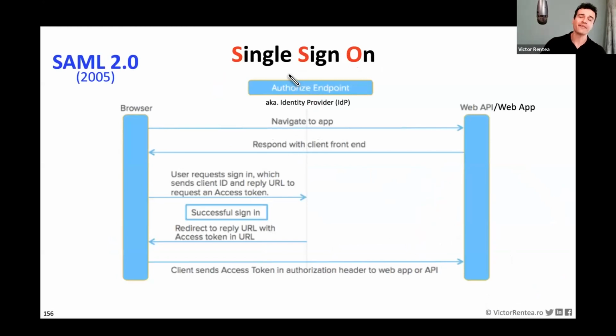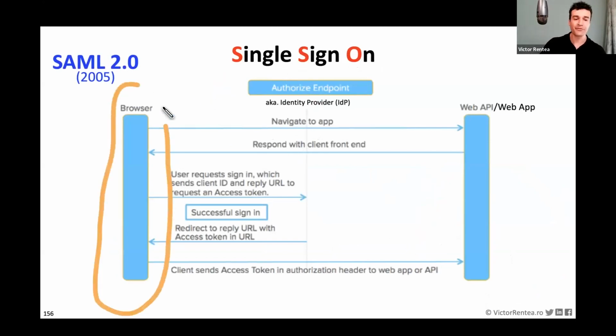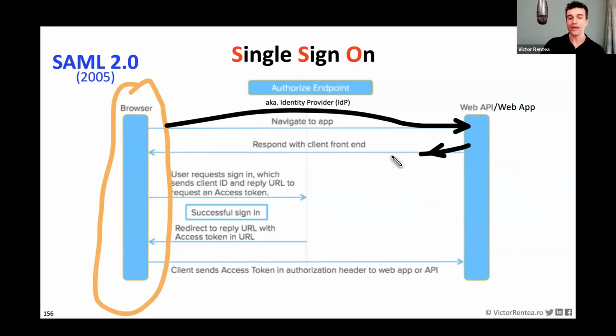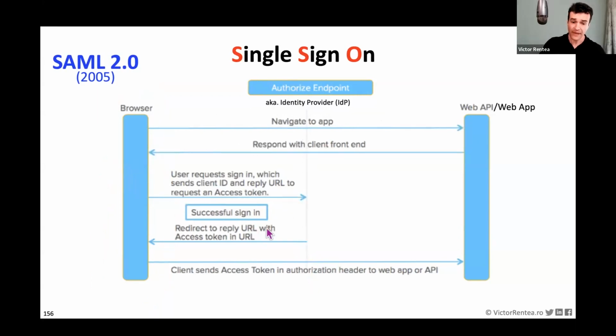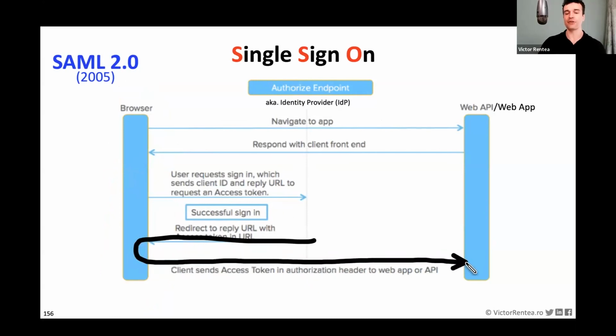And the same thing kind of happened, in the sense that there was a browser, and the browser, when trying to access some website, got redirected to some identity provider, like the authorization server in OAuth, if you want to draw a parallel. And then this identity provider would log in the user, who provides the user password. The user would log in, and then it would get back some XML, some set of claims, that would be redirected back to the application that you came from.